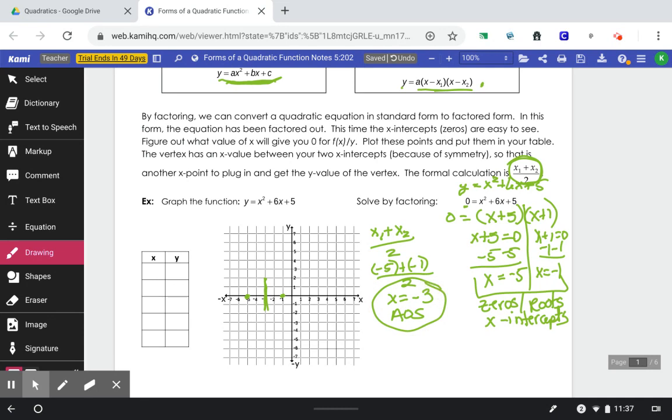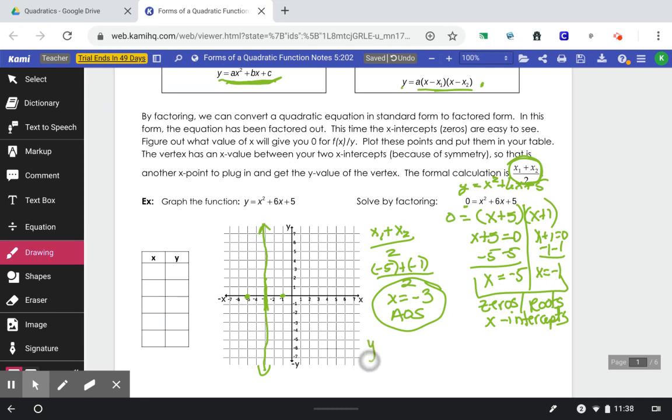I know this line is going to split my graph. If you know the x value of your axis of symmetry, you can then find the vertex because you can substitute negative 3 into your equation. You can do this when it's written in standard form, or when it's written in factored form. It doesn't matter. You're going to get the same y value.